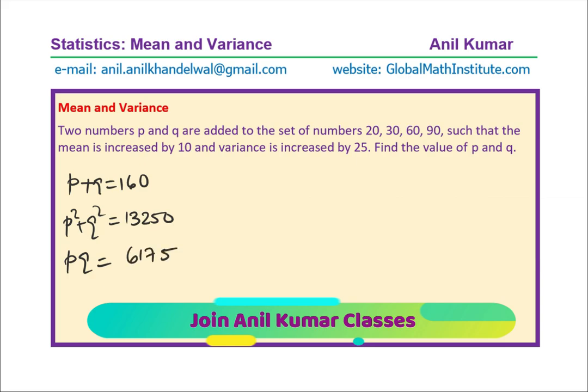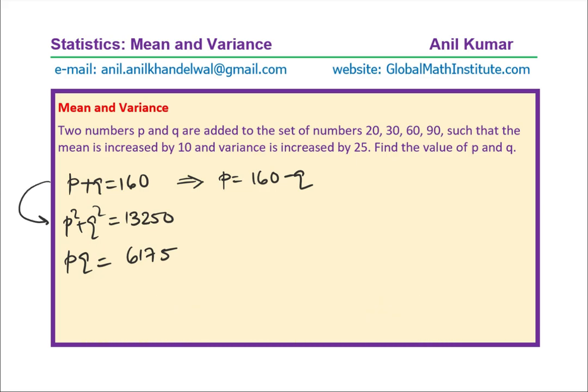So we have all these terms, and now from here you need to find what p and q are. So you can actually rearrange, and you can say that p is equal to 160 minus q, and substitute in the second equation and find from the quadratic equation the solution. You get the idea, right? So you can do that.